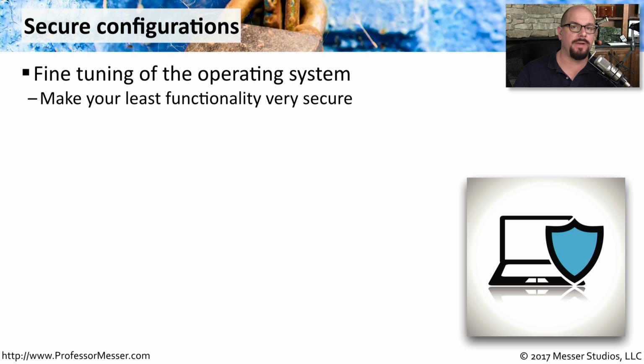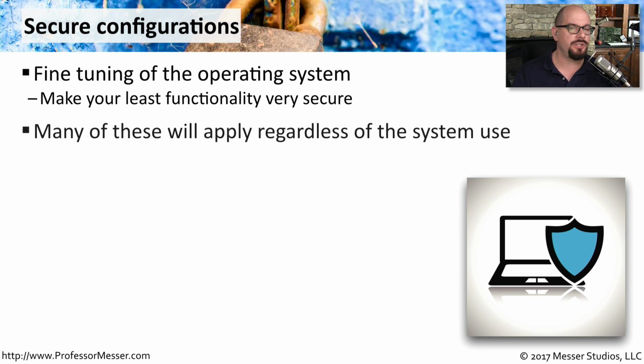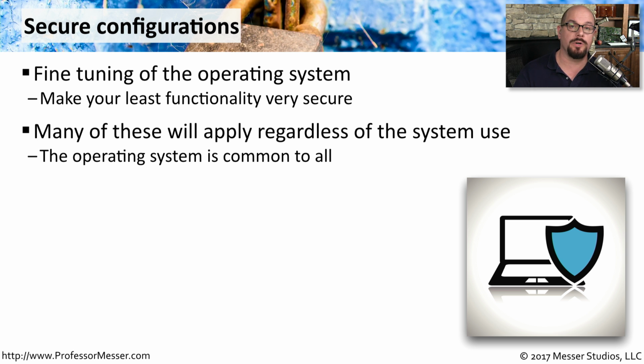The idea is to provide all of the functionality needed for the user, but also maintain the security of the OS. A lot of these secure configuration settings will apply regardless of how the operating system is used. If it's a Windows operating system that's used in shipping and receiving, or a Windows operating system that's used as a kiosk, there will be similarities for the security posture of both of those operating systems.